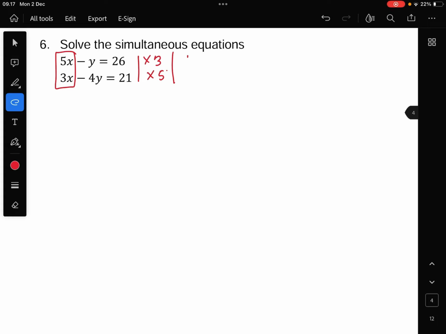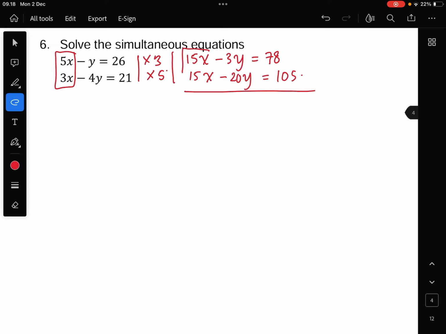So you will have 15x minus 3y equals 26 multiplied by 3, which is 78. Okay, continue. 3 multiplied by 5 is 15x minus 20y equals 105 here, because 21 multiplied by 5 is 105.